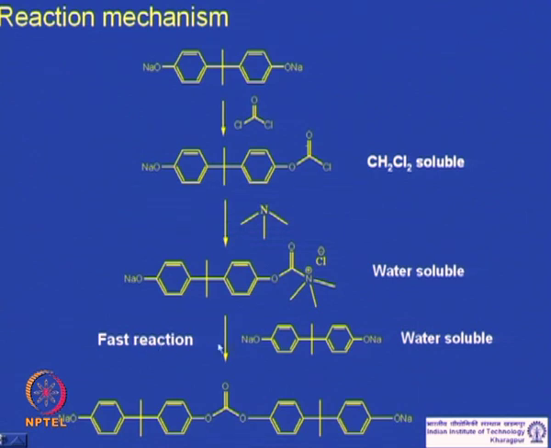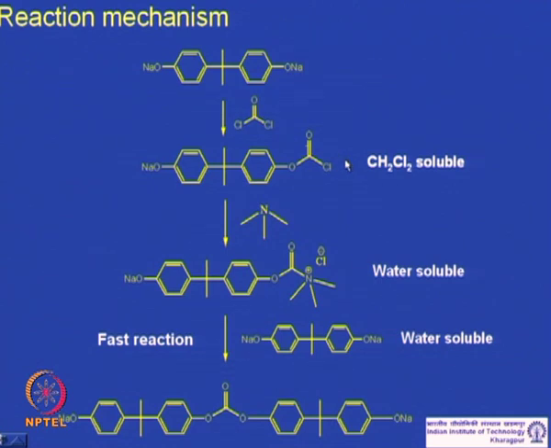The same thing you can do if you want to keep this in the organic medium. You can add a phase transfer catalyst in the water side, which will then complex with this bisphenol A salt and bring it closer to the organic medium.